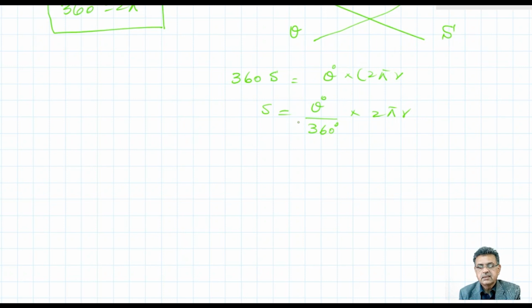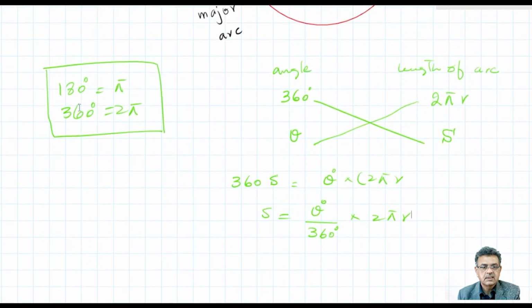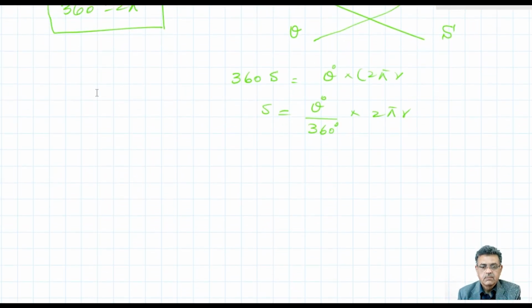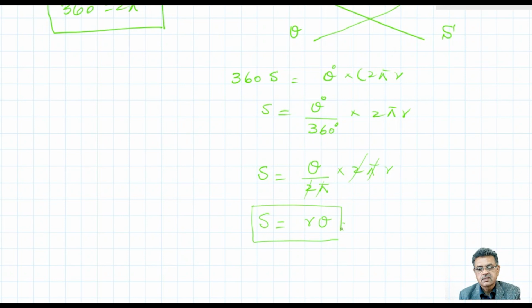Now if we change both angles to radians, where theta is now in radians, we won't use the degree symbol. And 360 degrees is equal to 2 pi in radians. The 2 pi cancels, then the length of arc is r theta. This is the length of arc.